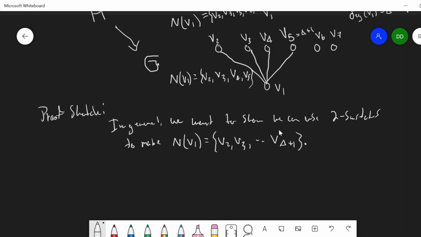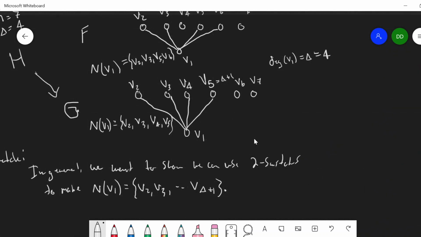So one thing to notice here is that if we want the neighborhood of V1 to be this, this is actually the minimum. If I add up all of the subscripts here, V2, V3, up to V delta plus 1, like up here, what will I get? 2 plus 3 plus 4 plus 5. I add up all the subscripts, I get 14.